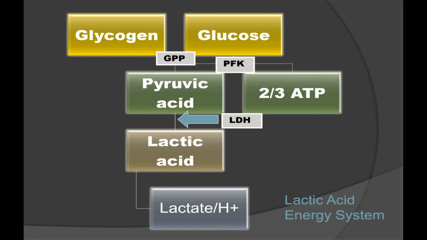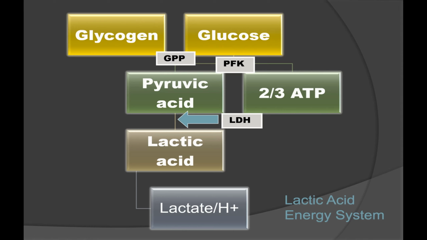Now, when we are breaking down glycogen, once again we require an enzyme in order to do that. The breakdown of glycogen calls upon an enzyme known as glycogen phosphorylase. Glycogen phosphorylase helps to break down glycogen into glucose so that we can start the process of anaerobic glycolysis.